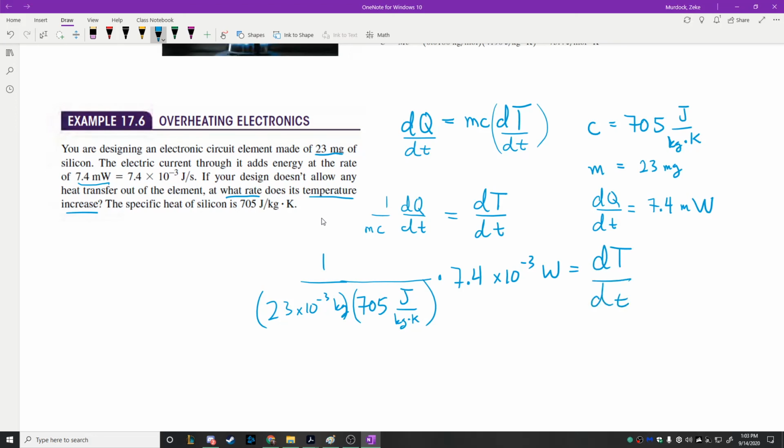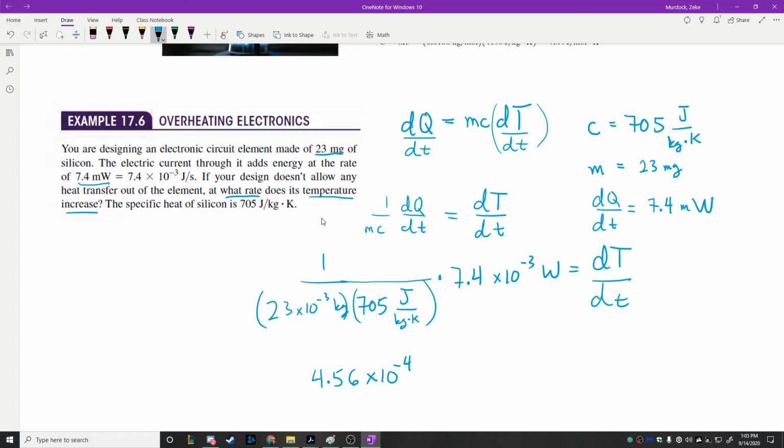All right, so we'll calculate this. Get a really tiny number. So I get, let's see if I did this right. It's milliwatts, milligrams, yeah, okay. So I got 4.56 times 10 to the negative 4.